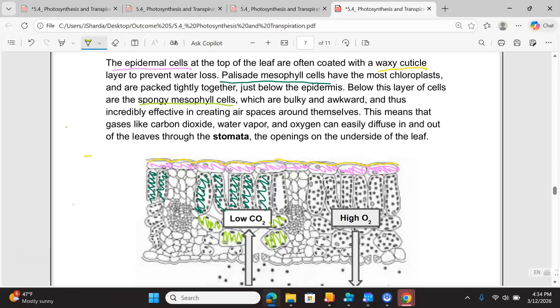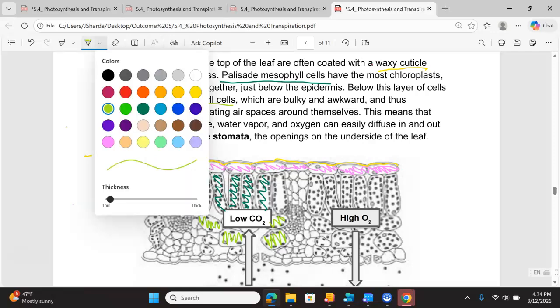This is important. Why? Because this means that gases like carbon dioxide, water vapor, and oxygen can easily diffuse or move in and out of the leaves through the stomata, the openings on the underside of the leaf. Okay, now the stomata, let's see, what color do we want to make those?